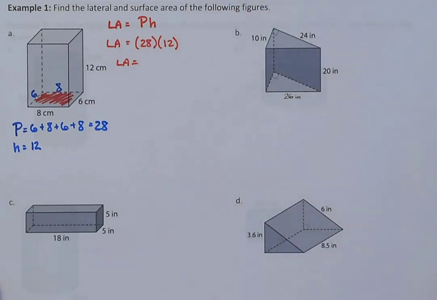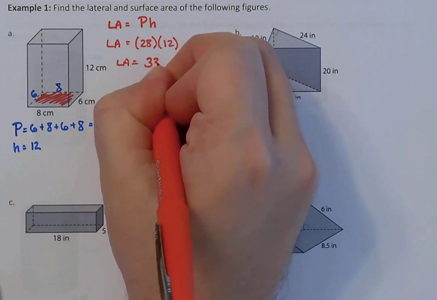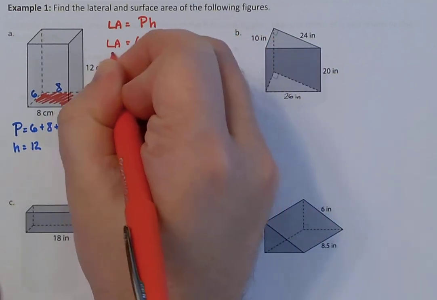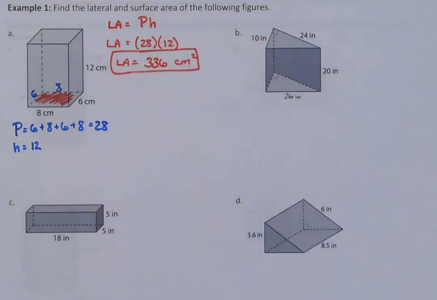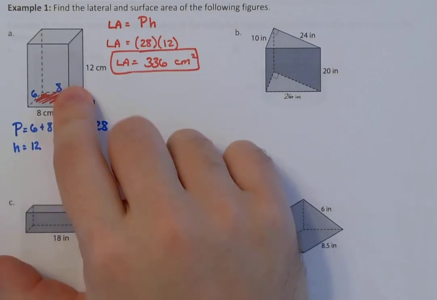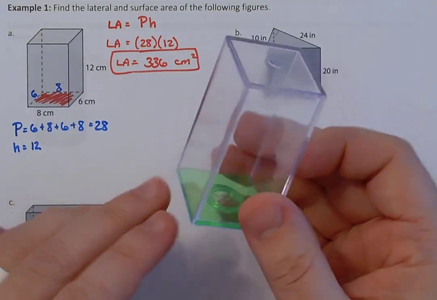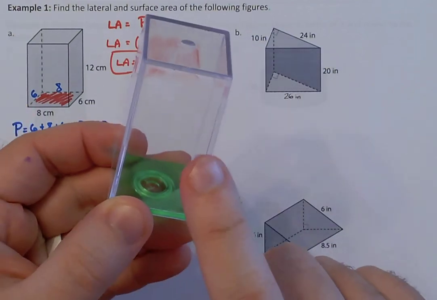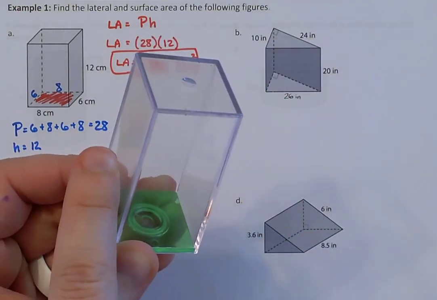We're no longer talking volume. And that is our lateral area for our rectangular prism. So what we have done, if we think of this as our rectangular prism, is we went through and found the area of all 4 of the sides.